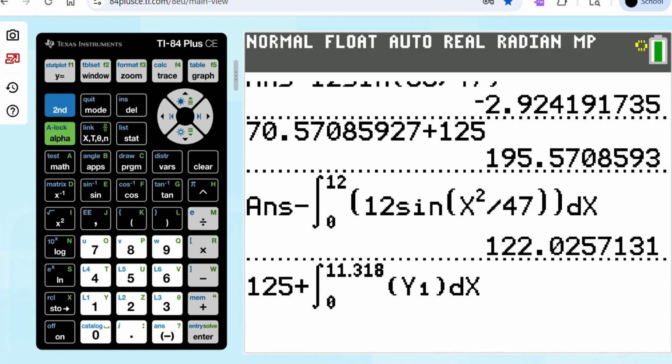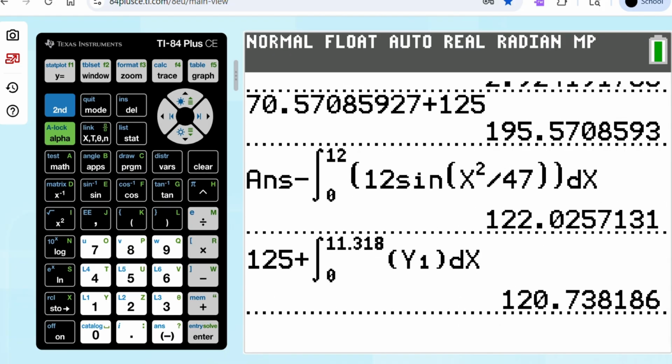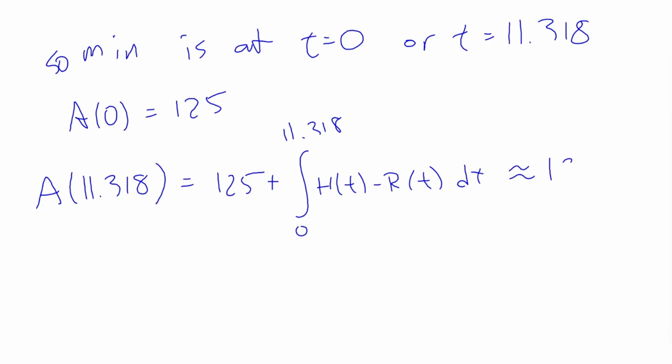And we'll integrate with respect to x here. We get 120.738. It's less than 125.